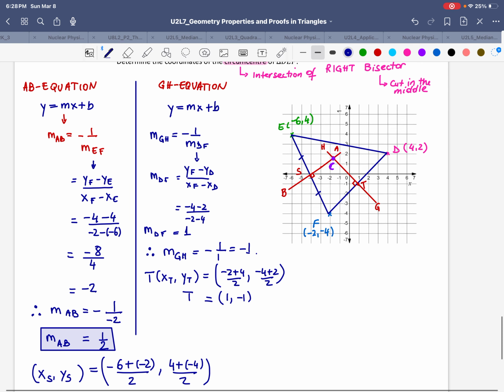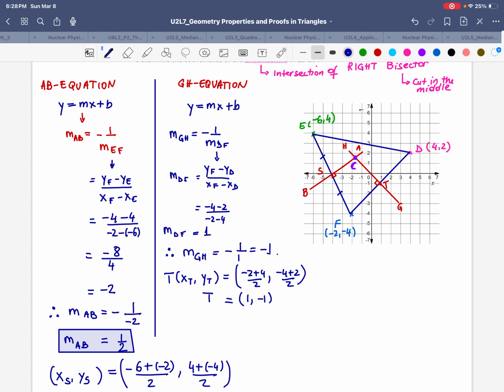Now that we have the coordinates of the point T, we can substitute into the equation the slope of GH, and the coordinates x and y of a point on the line. So again, here goes the slope, here is the x and the y. Let me mark it with a different color.